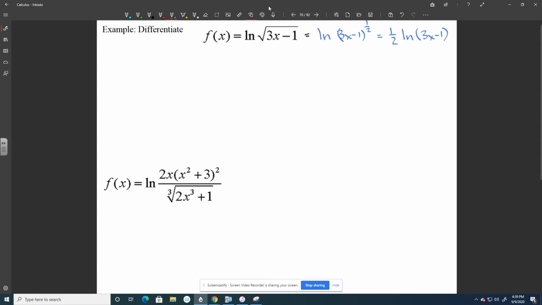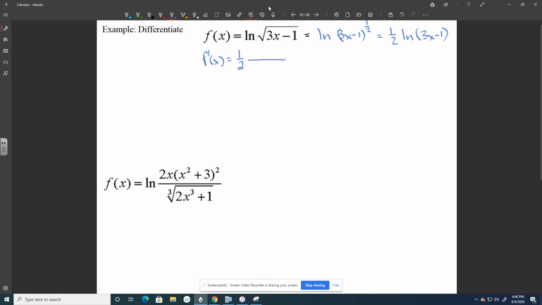So when I take the derivative, f prime of x is going to equal, using this over here, the 1/2 out in front. Remember the constant rule, or the coefficient rule there. The 1/2 is in front. Now I need to take the derivative of natural log 3x minus 1.